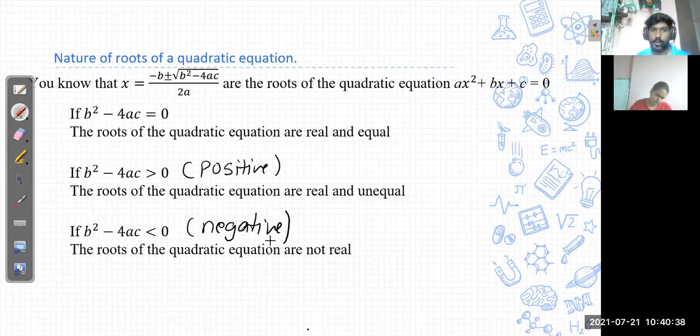Greater than 0 means positive. Less than 0 means negative. Remember the words carefully. Equal to 0, real and equal. Greater than 0, real and unequal. Negative, not real.